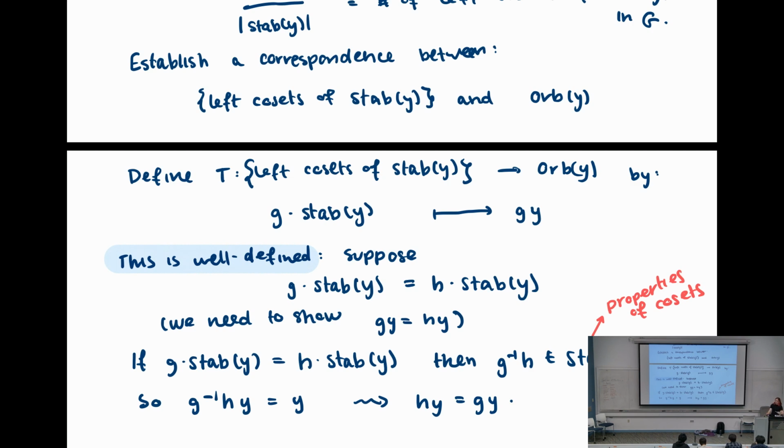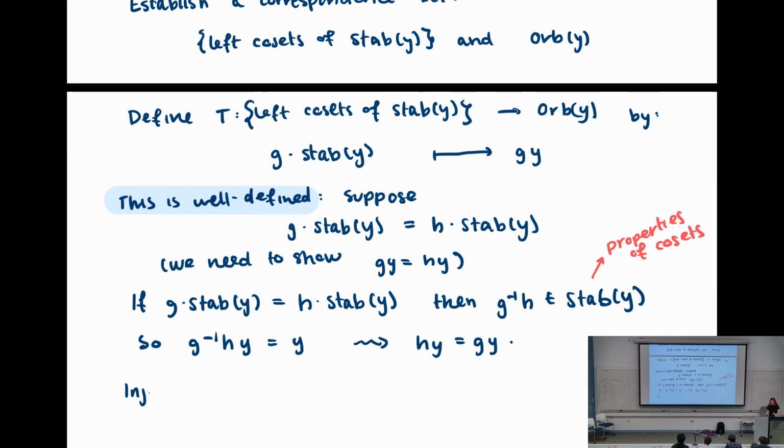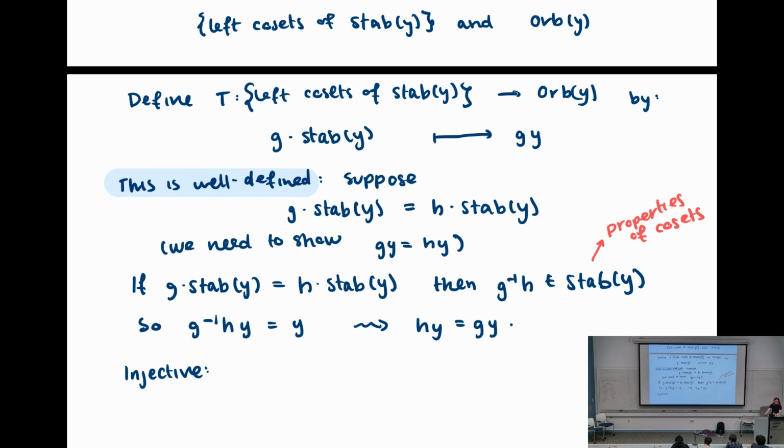Okay, so we showed that the map we defined makes sense. So now we just need to show that it's injective and surjective. So let's start with injective. Suppose gx, or sorry, I'm doing y. Suppose gy is equal to hy. Then that means that g inverse hy is equal to y.